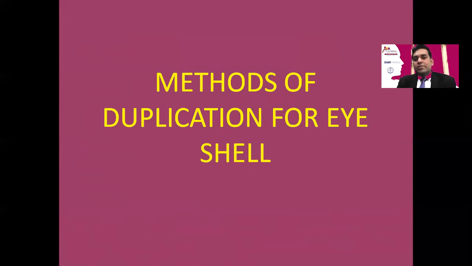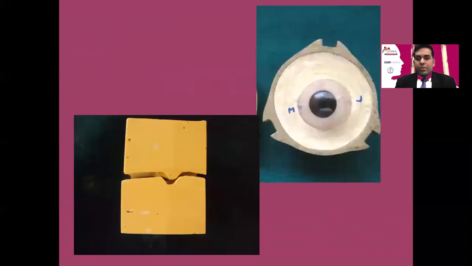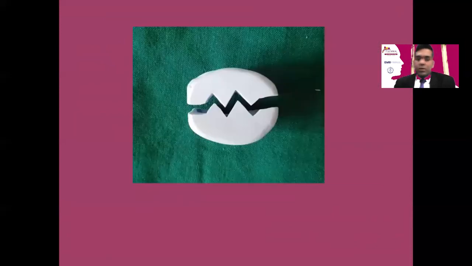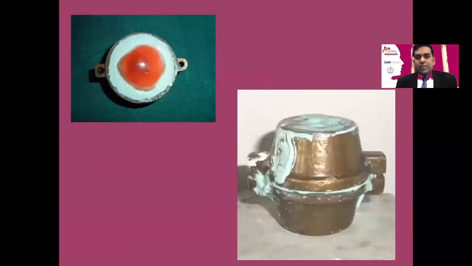Now, there are various methods of duplication of the eye shell as well, so that you can protect your eye shell and it will not get damaged during processing. You can use a crown flask, or you can fabricate your own two-piece flask for duplication of the eye shell, or you can use elastomeric impression material to fabricate an index, and they can be used for duplication of the eye shell.